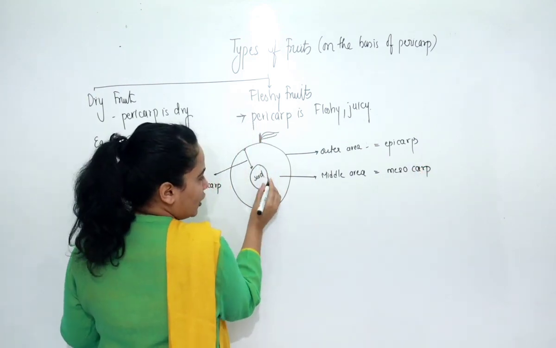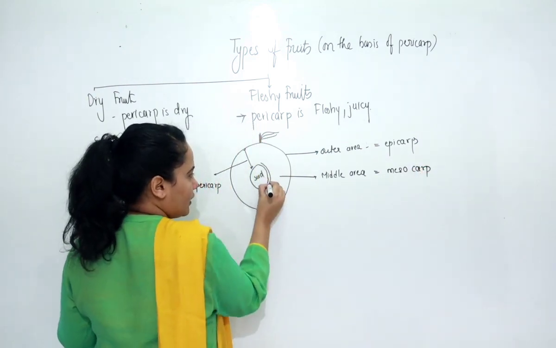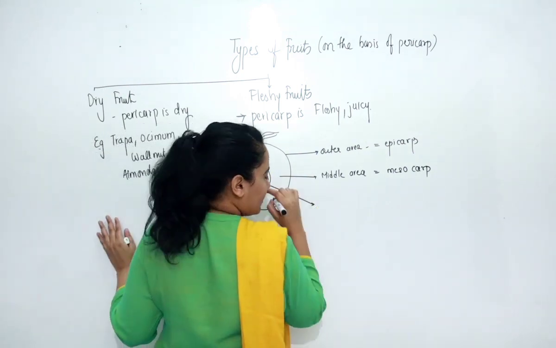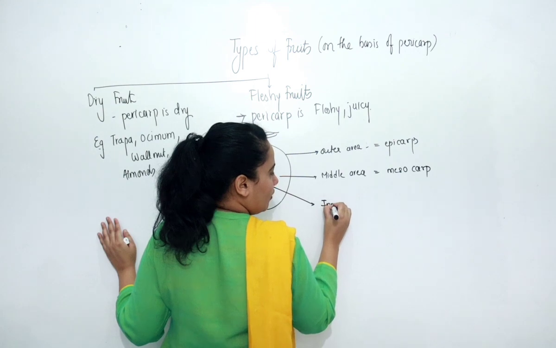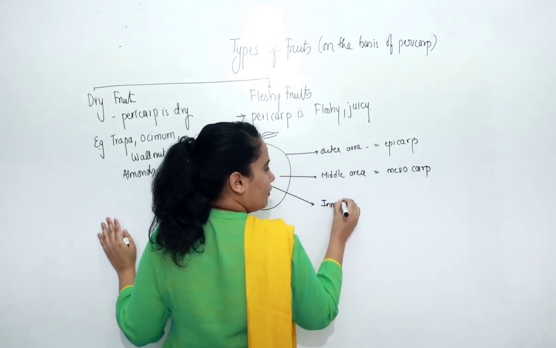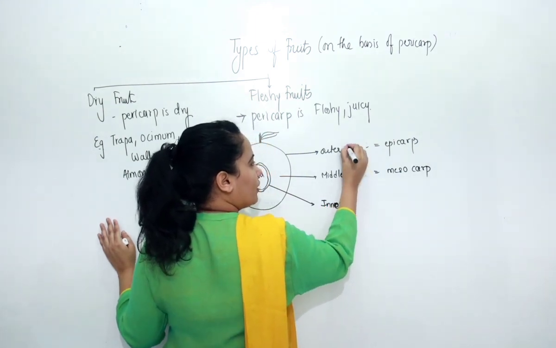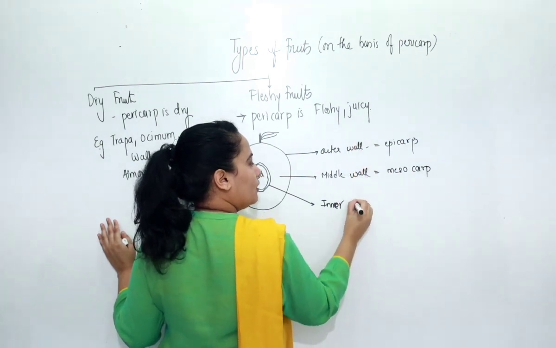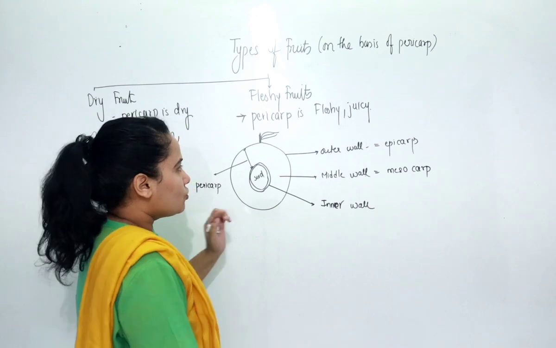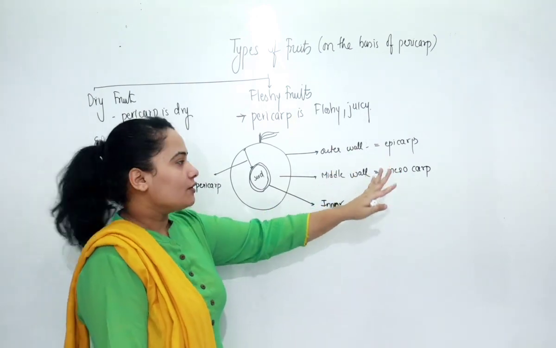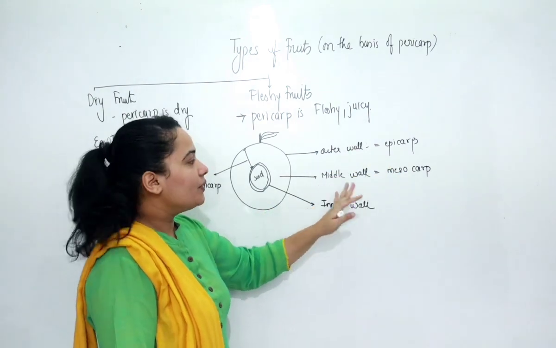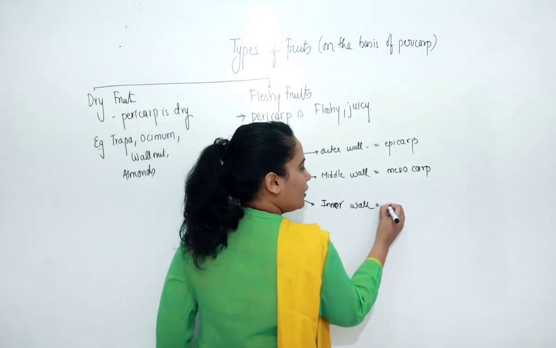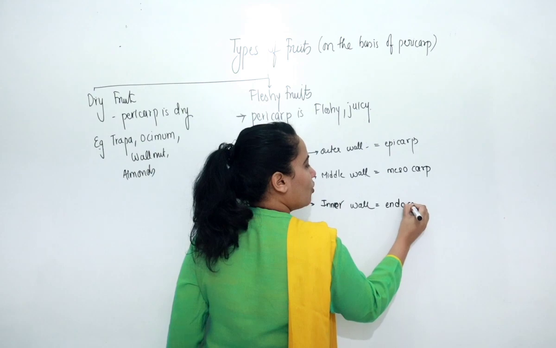And just above the seed, that is the innermost wall. Better we write it as wall. So outer wall, middle wall and the inner wall. The outermost wall, as I said, is known as epicarp. The middle wall is known as the mesocarp and the inner wall is known as endocarp.